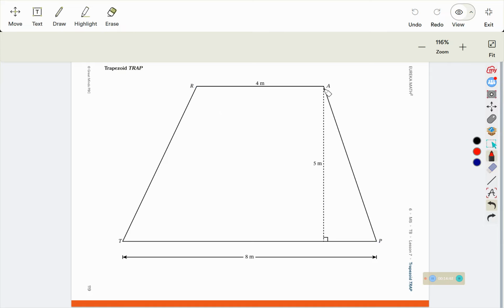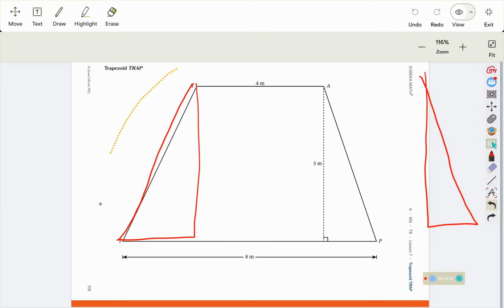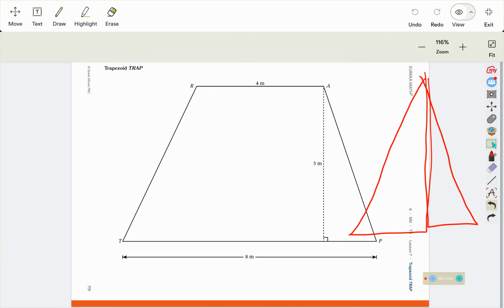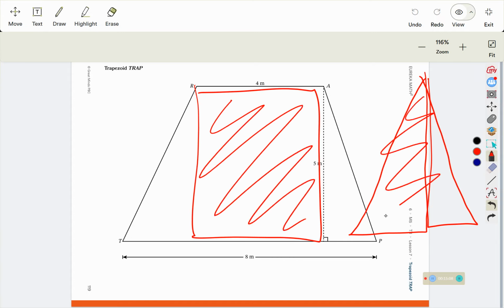You may also choose to take these triangles here and here and combine them to form one large triangle and then the remaining or resulting rectangle in the center. So one large triangle and one rectangle.